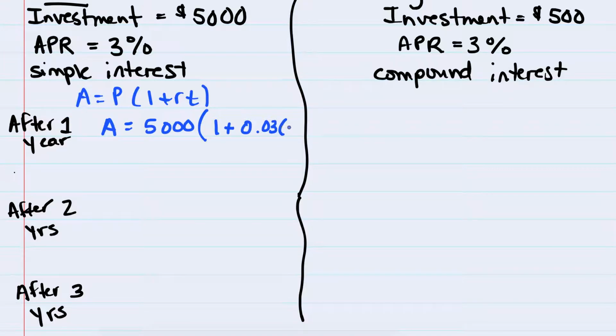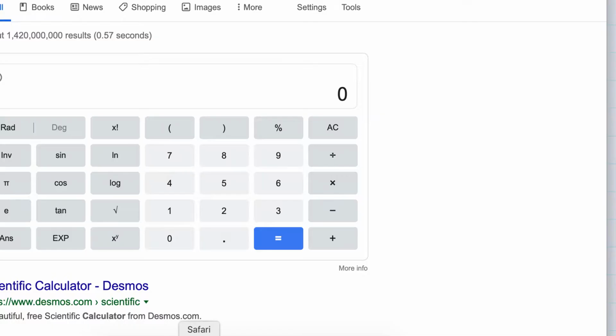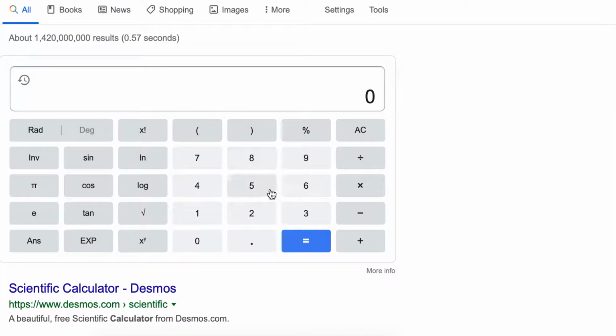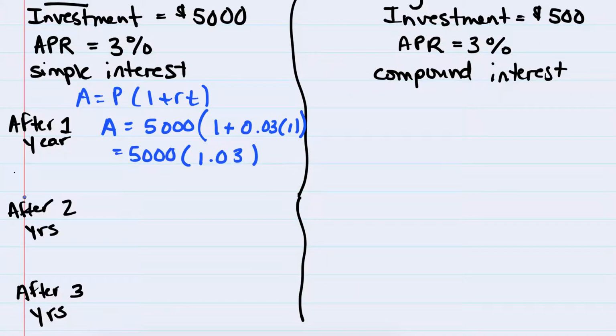And there's only been 1 year, so we're just going to put in the calculator 5,000 times 1.03. So let's see what that is. Here I have a calculator. Put 5,000 times 1.03. $5,150.